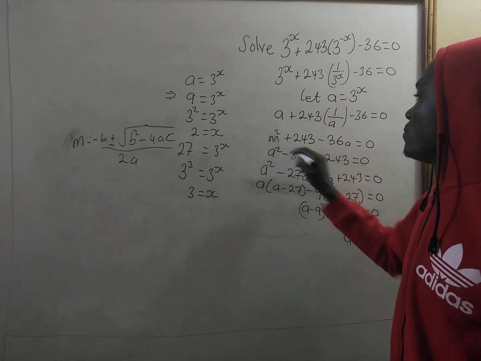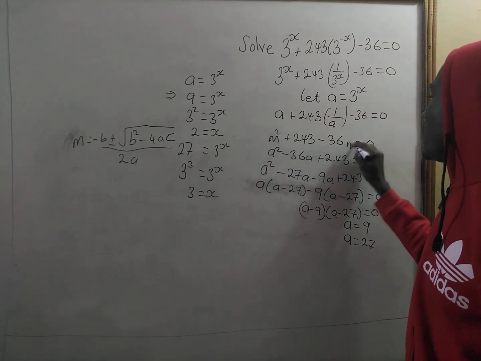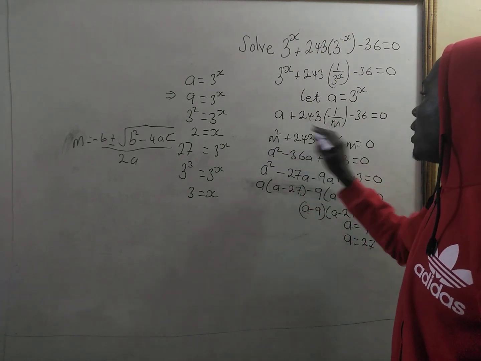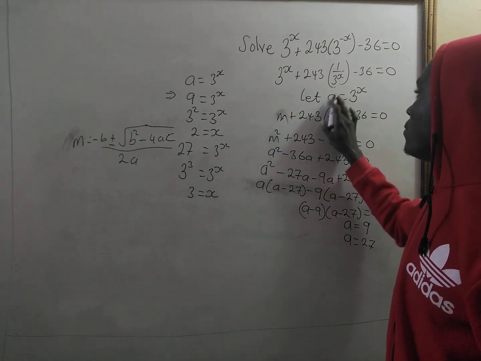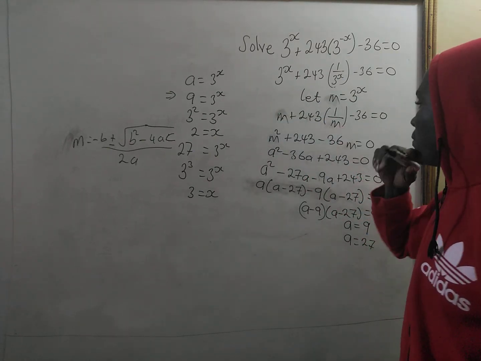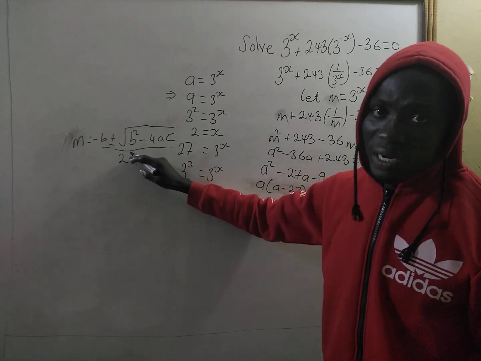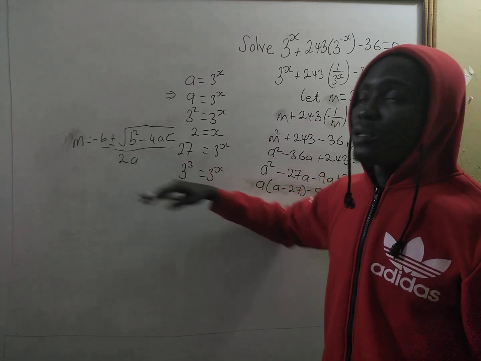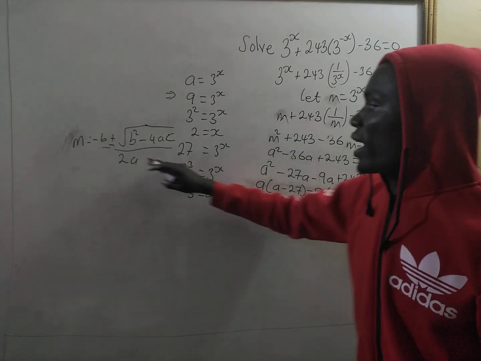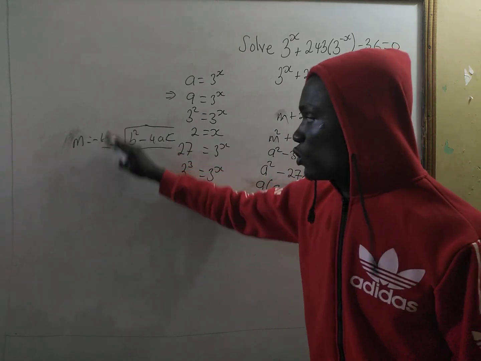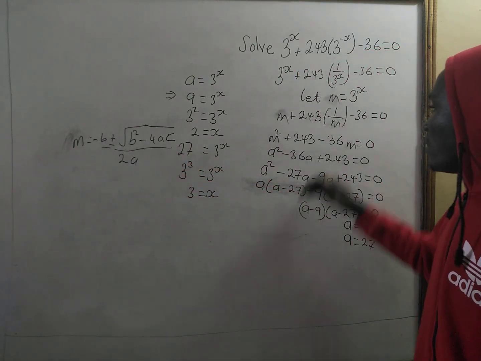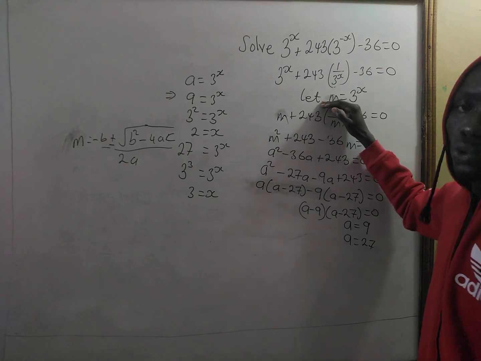So here will be m, because m is not in this formula. Or you can use y, since y is not in this formula. That is if you want to use the formula. But I was factorizing, that is why I used a.